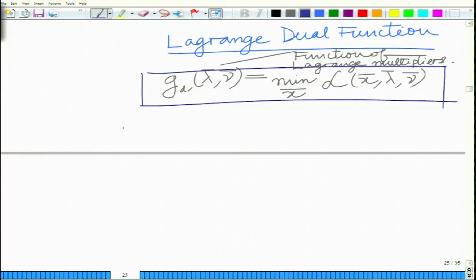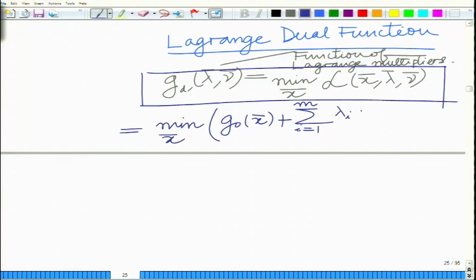Okay, and this is basically, you write it explicitly: the minimum over x bar of g naught x bar plus the summation i equals 1 to L of lambda i g i x bar plus the summation j equals 1 to m of nu j g j tilde of x bar, and you take the minimum of this.